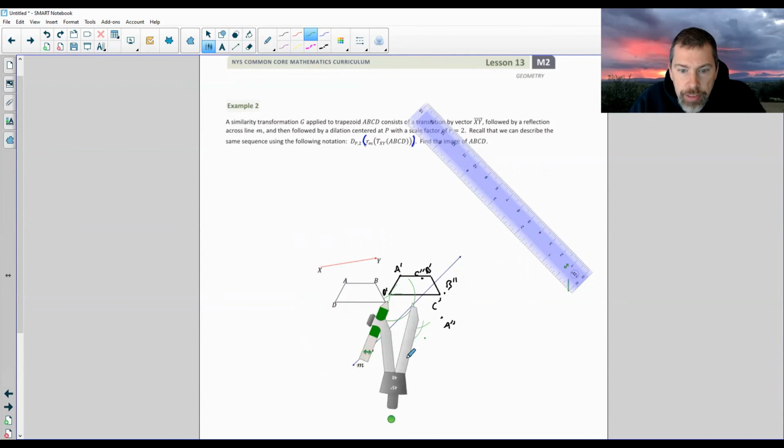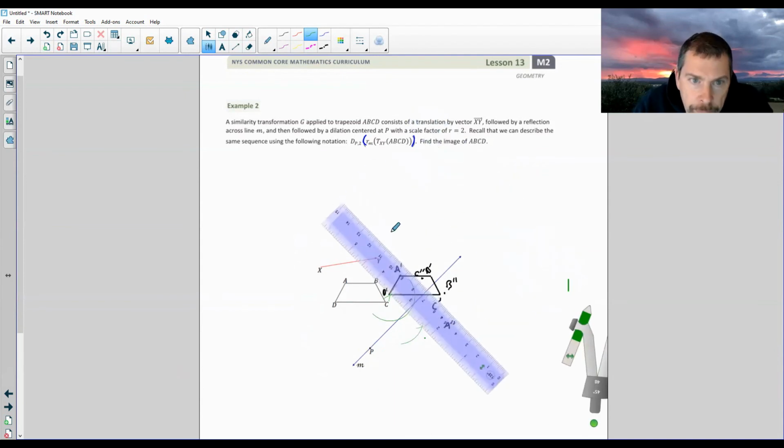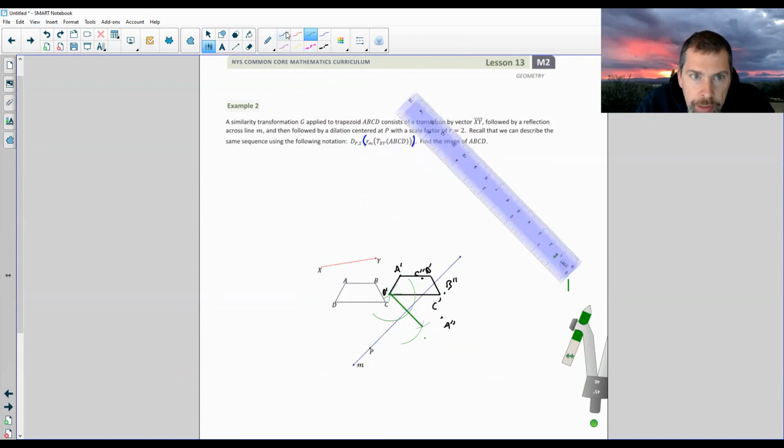It should be right on D. And then put my ruler at D. Draw a segment D prime down to the other intersection, and that will be D double prime right here. So that's D double prime.